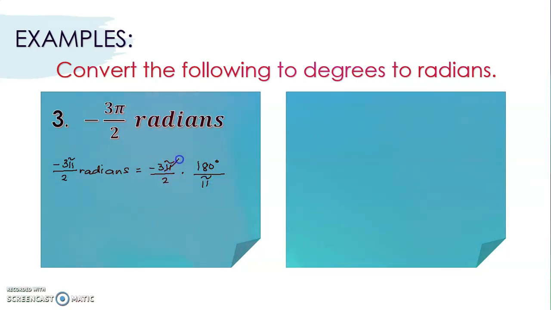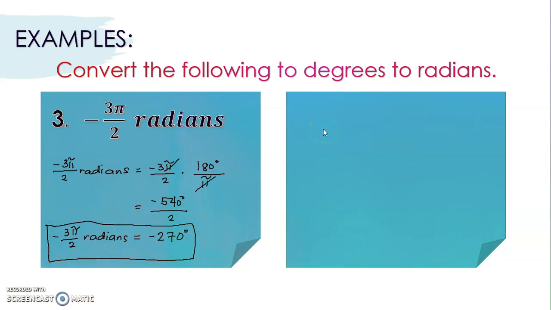And I want you to cancel out the pi there. And negative 3 times 180 degrees would be negative 540 degrees divided by 2, and that would be negative 270 degrees. Meaning, negative 3 pi over 2 radians is just equal to negative 270 degrees, and box your final answer.